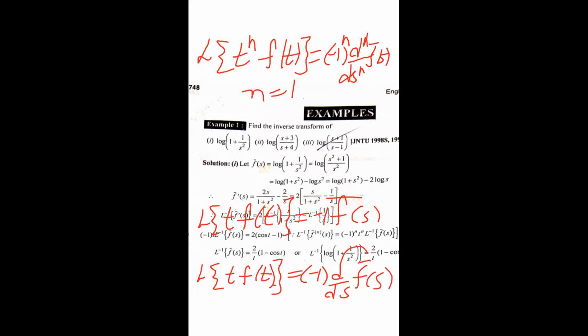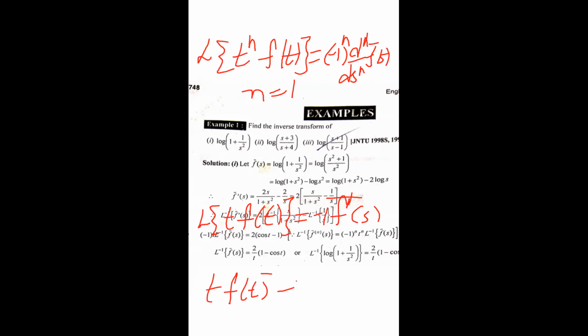The dash indicates the derivative of the function. And applying L inverse on both sides, t into f of t is equal to minus 1 into L inverse of f dash bar of s. Already we calculated the value of f bar of s. That value is 2 into 1 minus cos t.